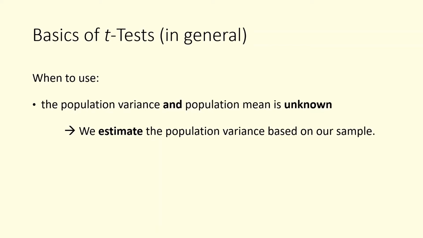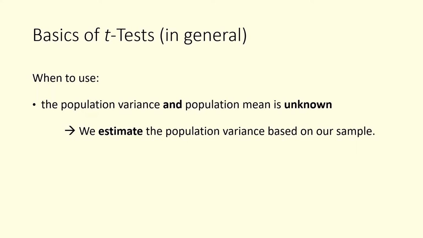For our variance, we're going to make an estimate here. We know from early on in the course when we talked about central tendency and variability that based on just the numbers that were given in our sample, we can get the variance of our sample. Now, what we need is our population variance, and in this case, it's unknown. We can imagine that it's not just that we don't know it, no one knows this. This information isn't available.